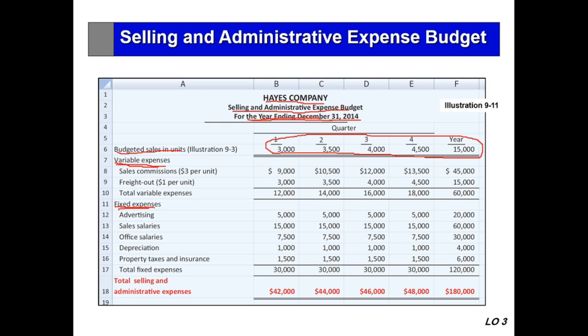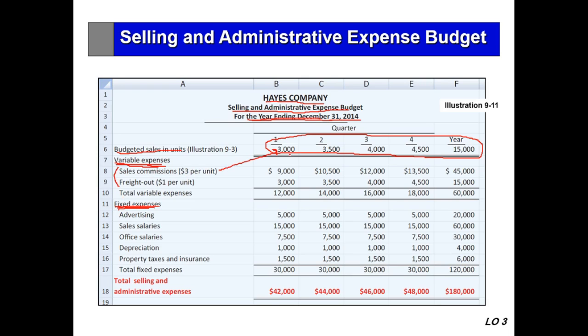Here also in selling and administrative, we classify costs as variable costs under this title and fixed costs or expenses under this title. The components of variable expenses, as we see in the illustration: sales commission and write out. Sales commission is $3 per unit of sales.